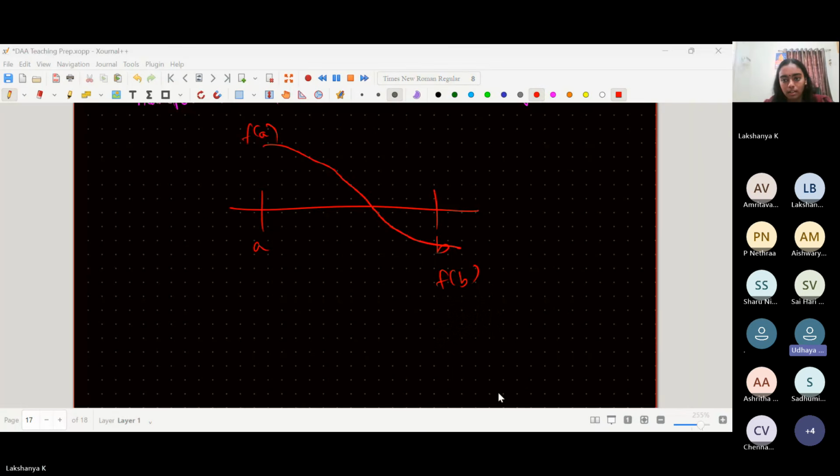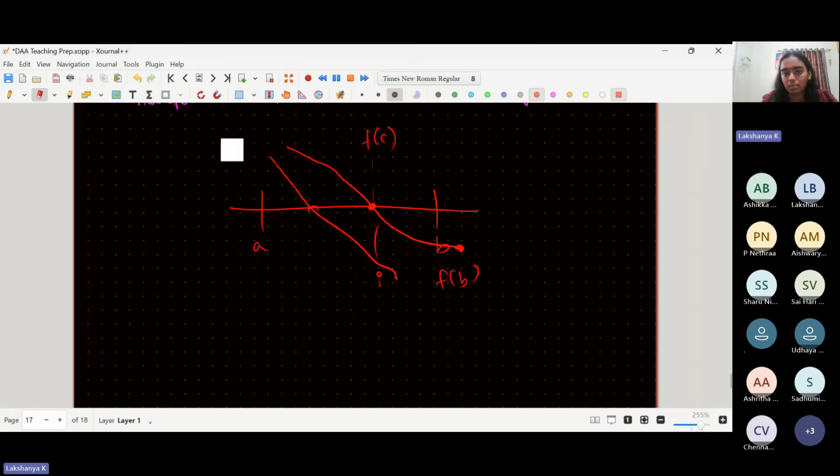Yes, I remember, it was taught in my first year. So basically there is one method to find the approximate root of a polynomial. You take 2 points A and B such that the values of the polynomial at A and B have opposite signs: one positive, one negative. Then you find where the graph cuts the x-axis, and there you find f of that point C. Again you compare in the two intervals, and you keep going back and forth. That algorithm is not the point right now.